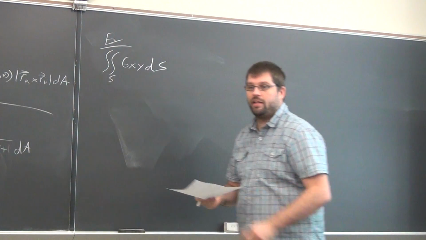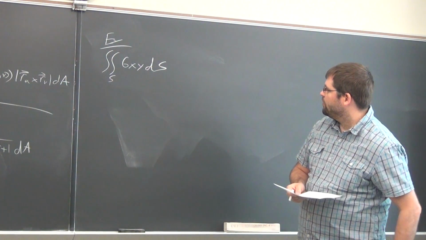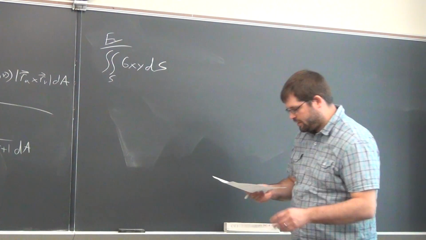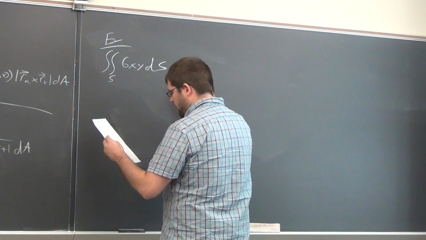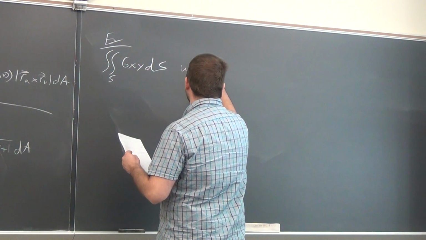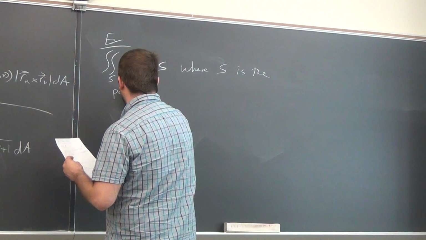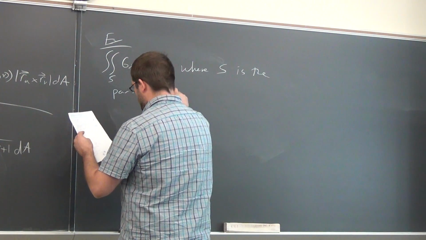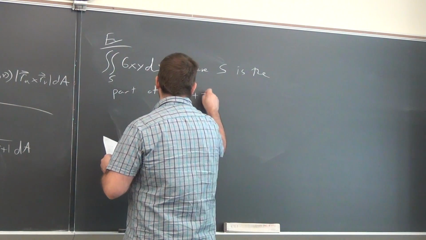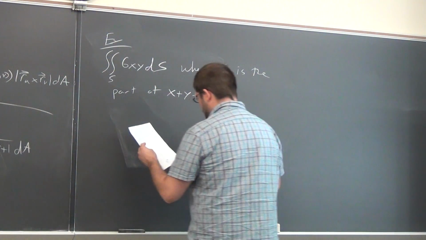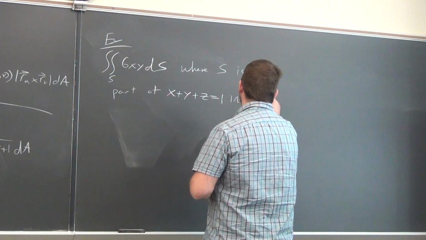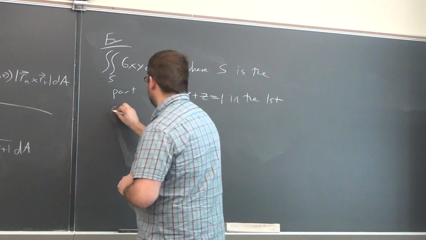Okay, so evaluate the surface integral of the function 6xy dS over the surface S, where S is the part of x plus y plus z equals 1 in the first octant.